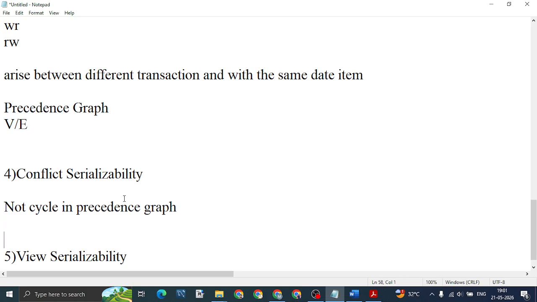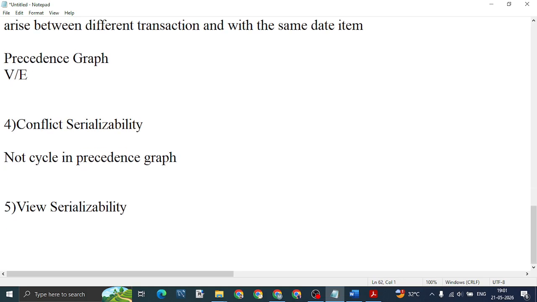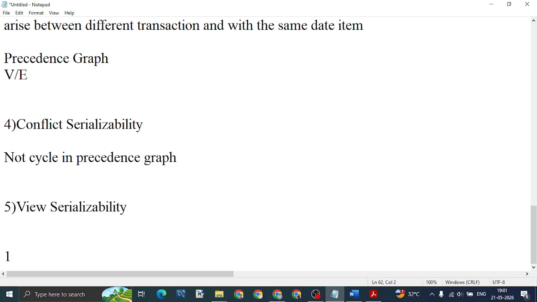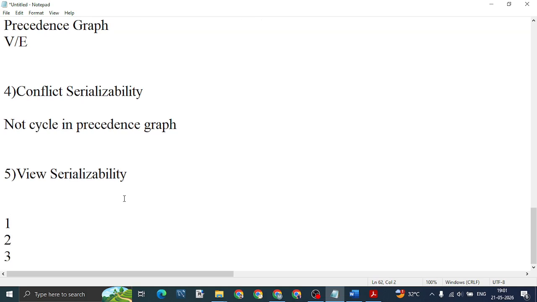That is the thing. And for view serializable, we have to check three conditions: number 1, 2 and 3. What is condition 1? Initial read, update and final update.